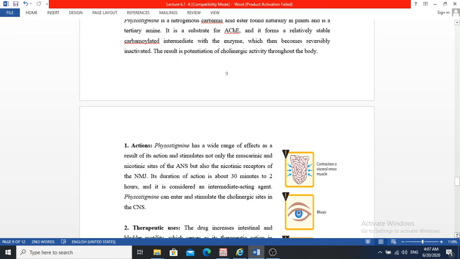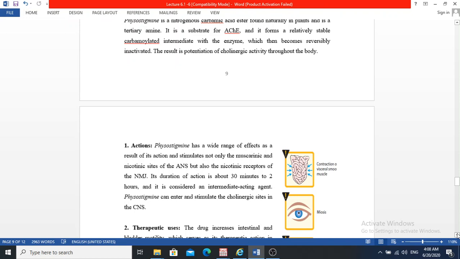It has a wide range of effects as a result of its action, and stimulates not only muscarinic but also nicotinic sites of the autonomic nervous system, as well as the nicotinic receptor of the neuromuscular junction.